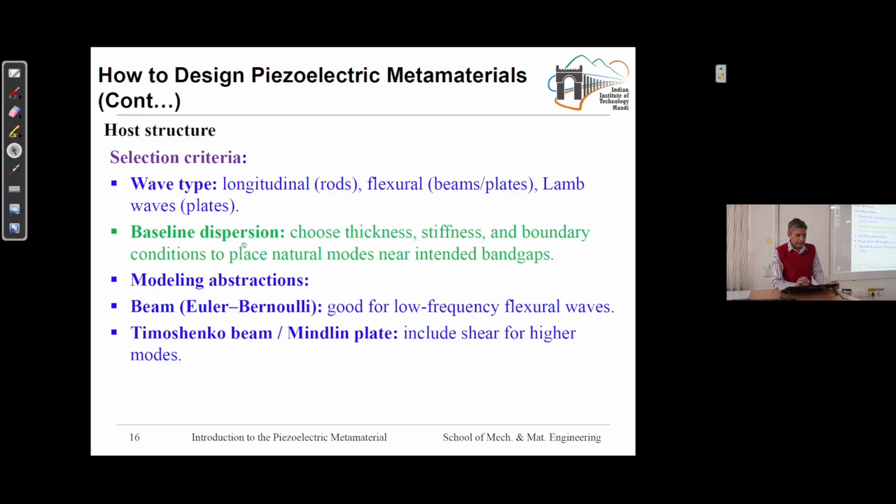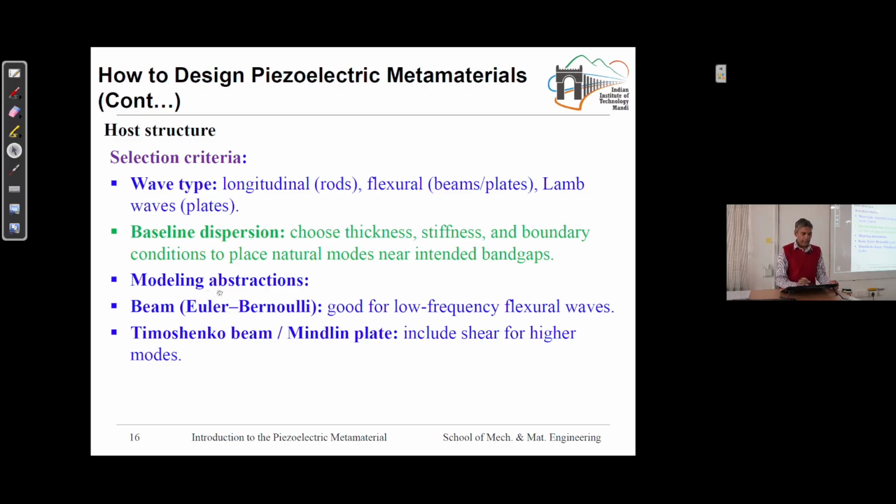The baseline dispersion is the relationship between frequency and wave number, and this is decided based on the thickness, stiffness and boundary conditions, to place the natural mode near the intended band gaps. We will discuss this in the second lecture.